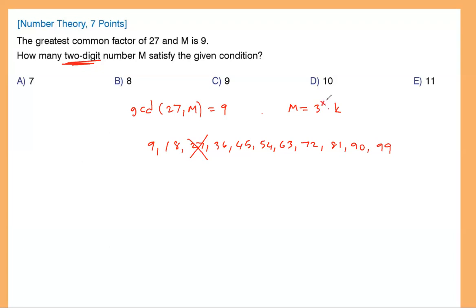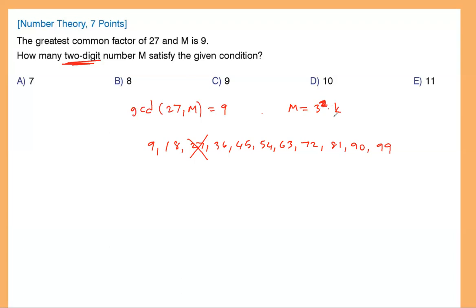But if I have this power be 3 or 4, then the GCD will not be 9. It will be maybe 27, maybe something else. So for us to get the GCD to be 9, we should have only two 3's, which means this has to be 3 squared.